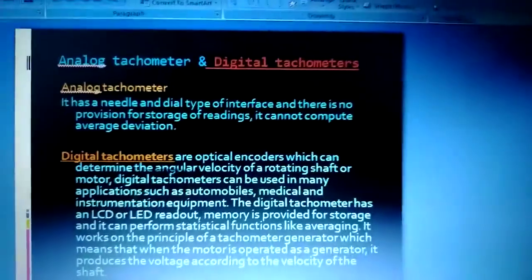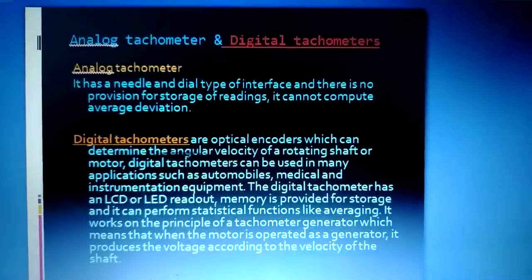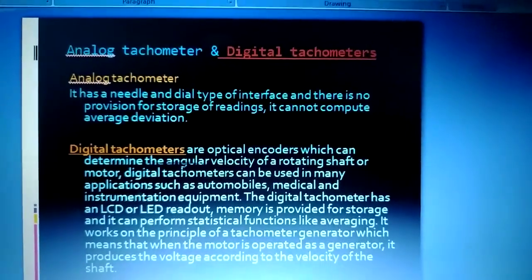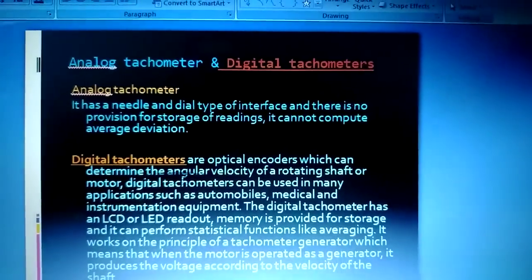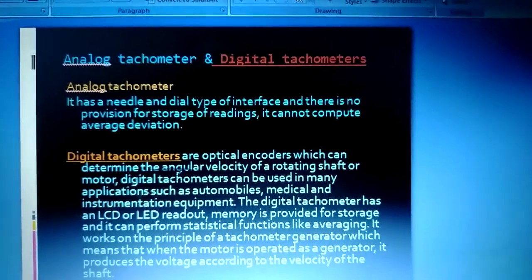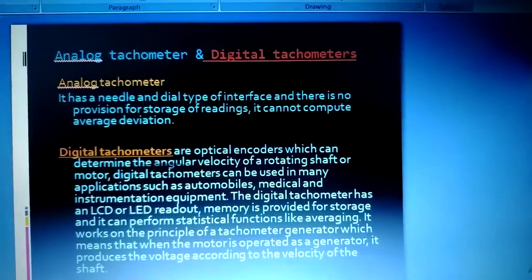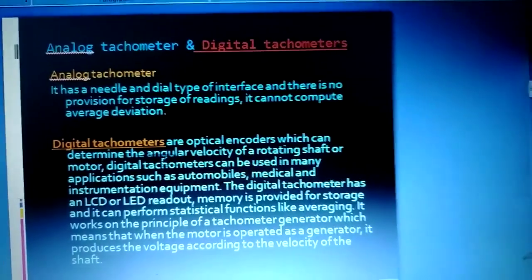Now let's see the difference between analog tachometers and digital tachometers. As the name suggests, an analog tachometer has a needle and dial type of interface, with no provision for storing or recording. It cannot compute average deviations.